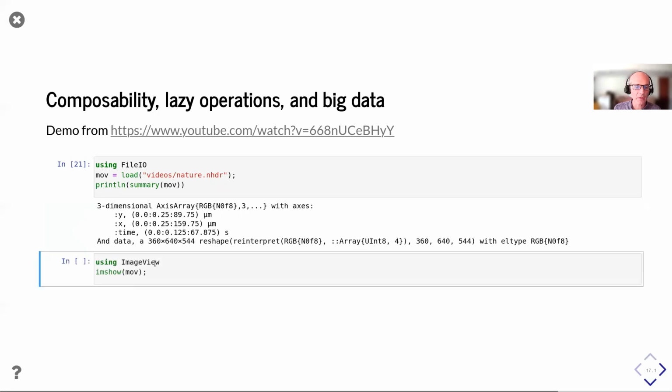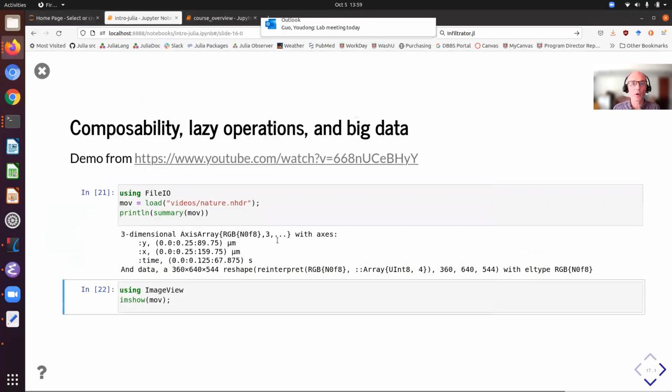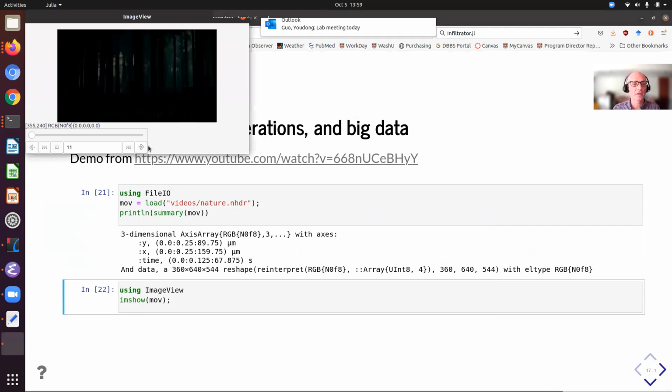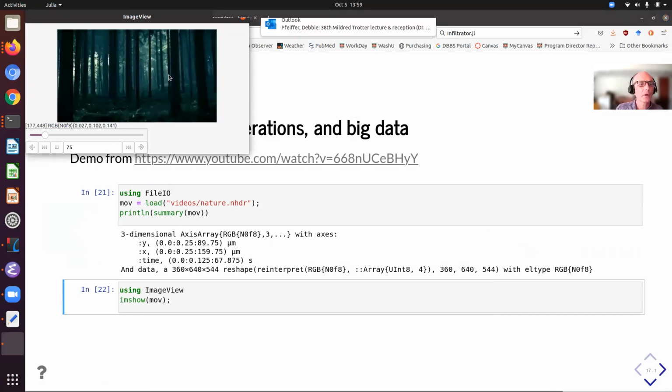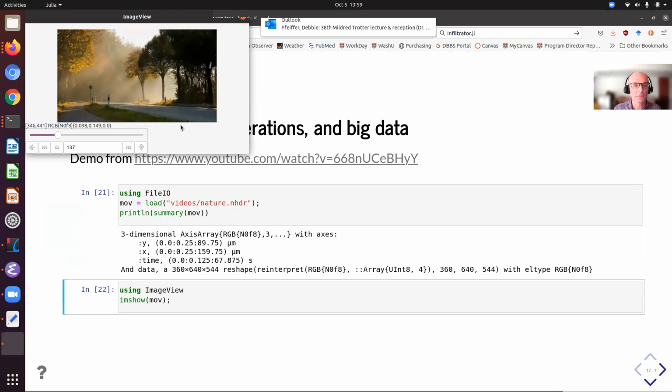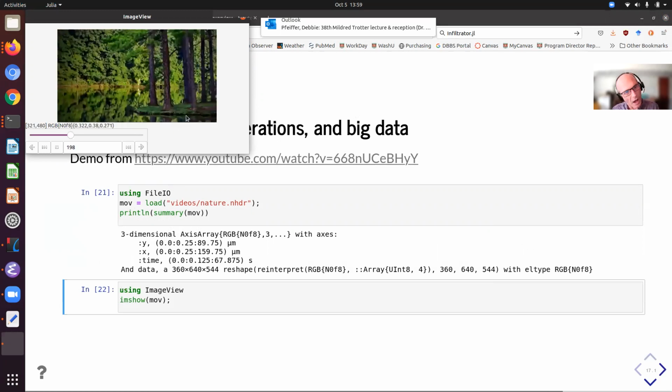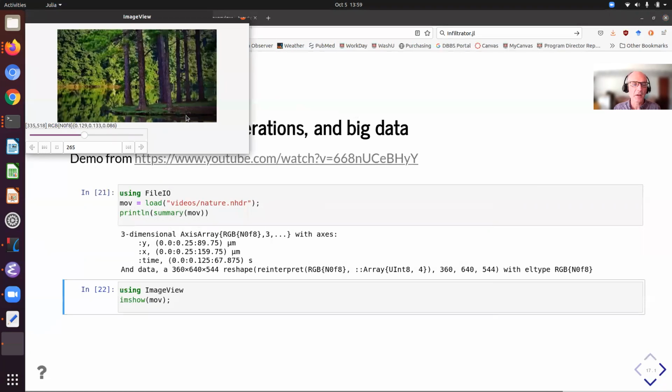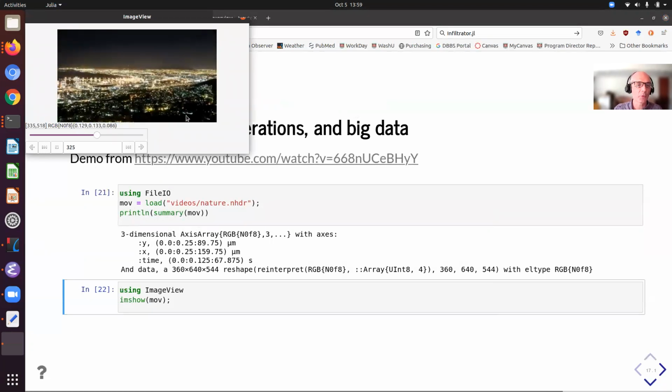And so we can pass this array into a video player, and I may have to go off of full screen here. So yes, there it is. And so here you can see the movie that I'm starting with. So obviously it's not a microscopy image. I'm just faking it that way to make it a little bit more interesting.